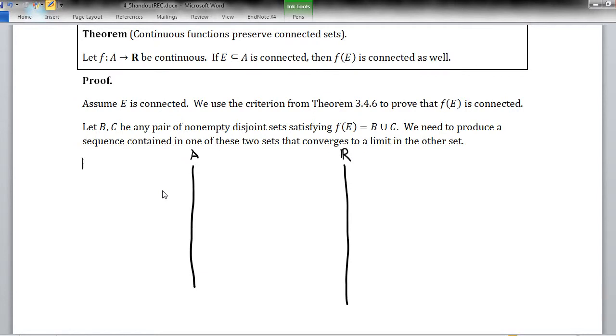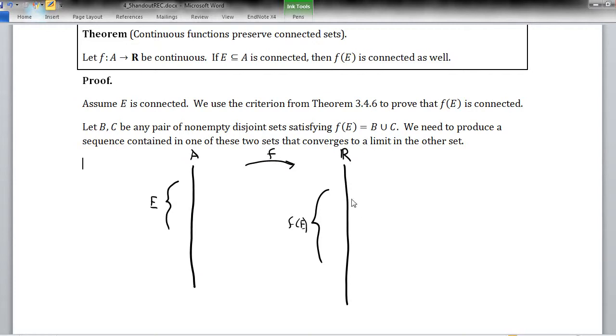We have some subset E of A, which I want to just denote like that for now. And if you apply f to everything in E, and there's a function f mapping from left to right, then you get some sort of set over here in R. And we're assuming E is connected. We'd like to prove that f of E is connected.